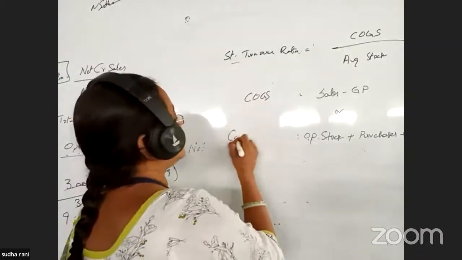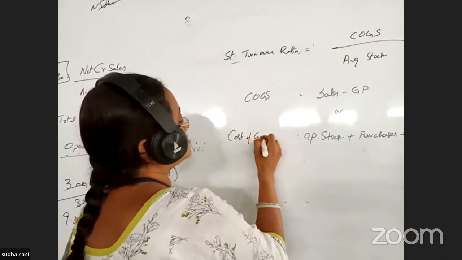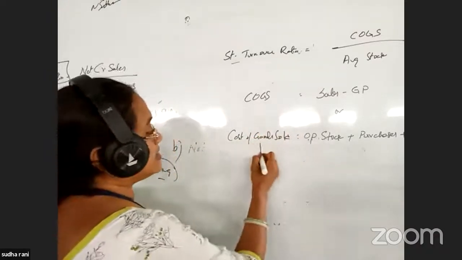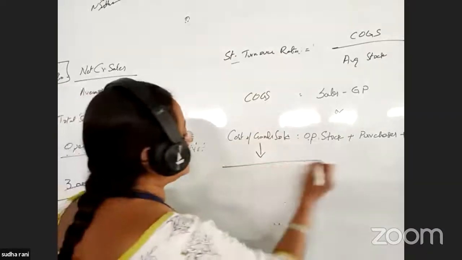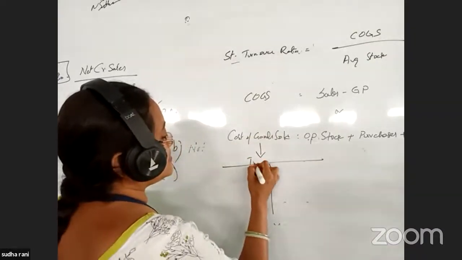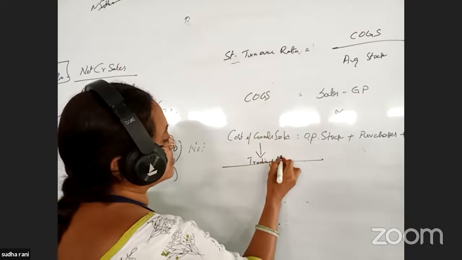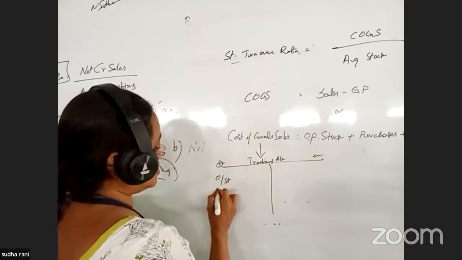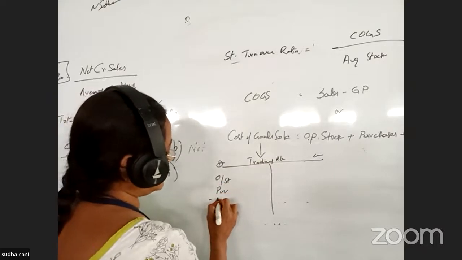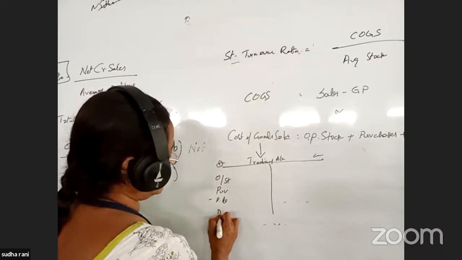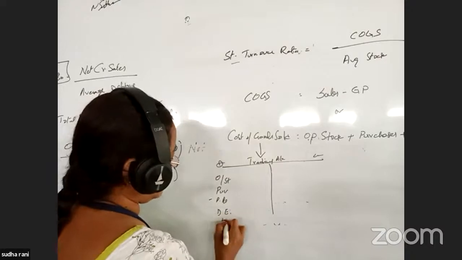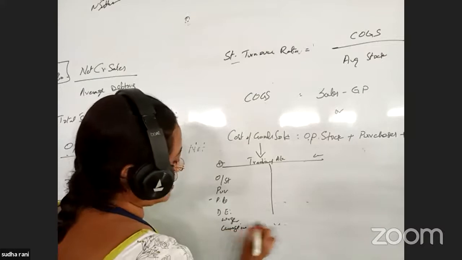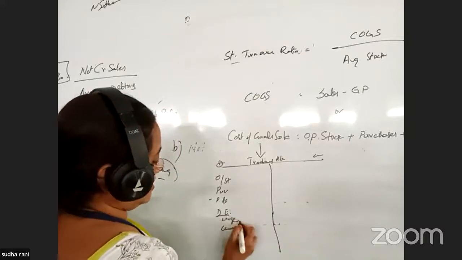This is cost of goods sold. Another easy way I'll make you remember. In your previous semesters, you prepared trading account, right? On the debit side, you used to take opening stock, purchases minus purchase returns, and other direct expenses, wages, carriage in, all those.